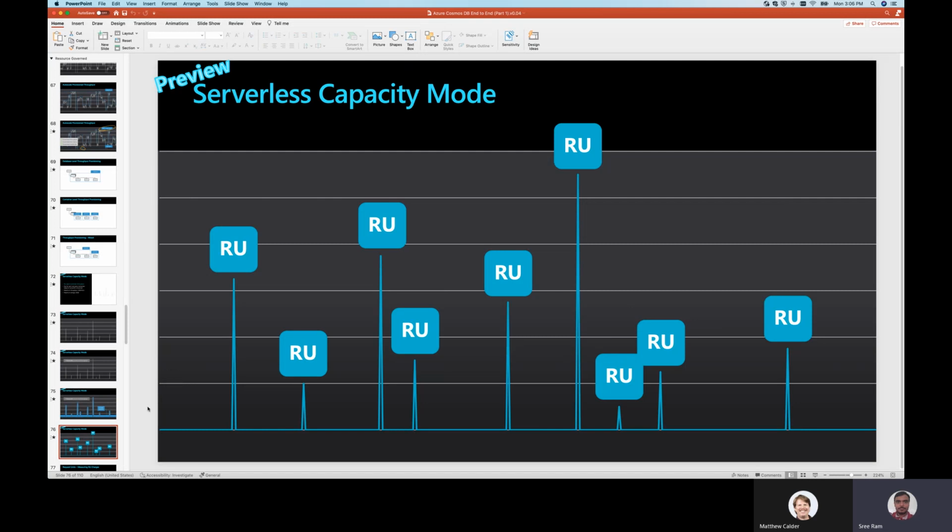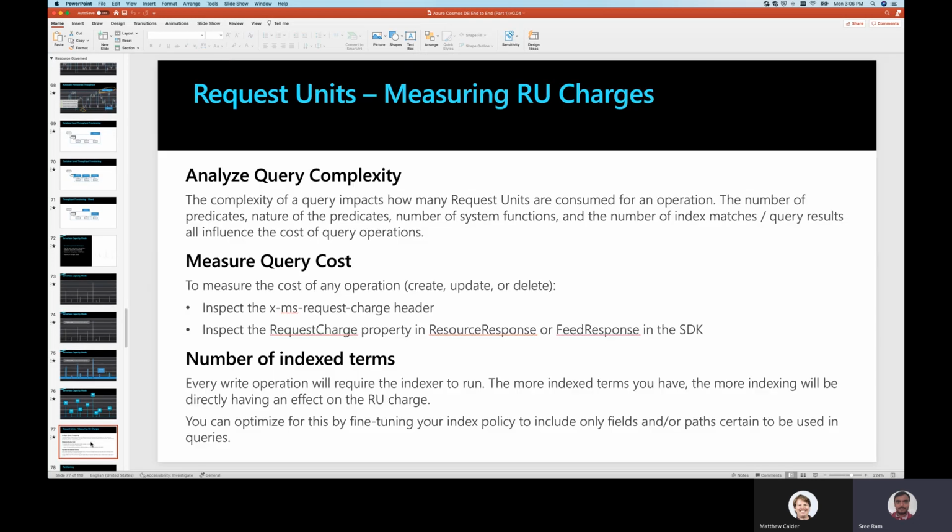That would just be a waste of money, and therefore this is a very economical choice when you have a development workload like this, or users who sporadically come onto your application and generate very lightweight traffic. Usually we recommend this for a non-mission-critical workload and a development workload.